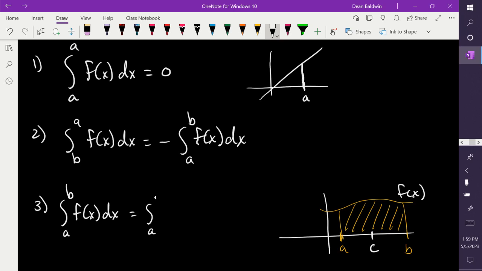the area from A to C of f(x) dx plus the area from C to B of the function. In other words, you can split it up.